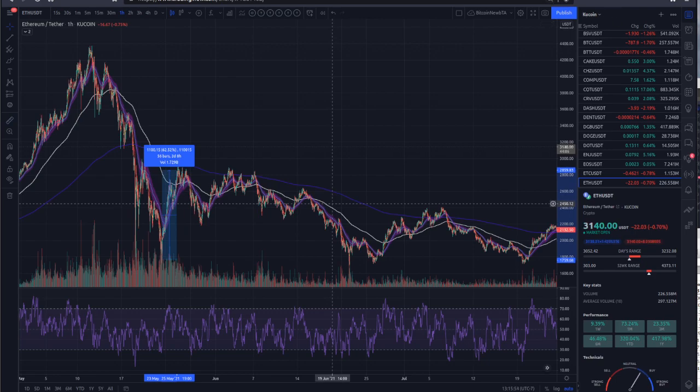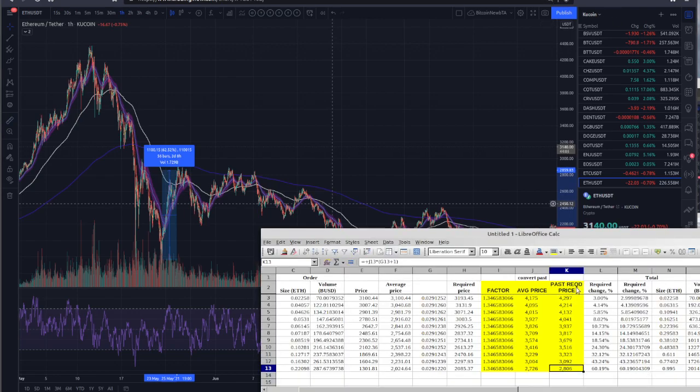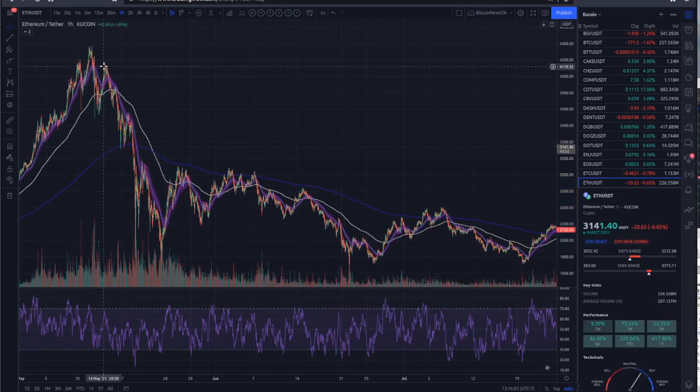So that's how I basically arrived at finding what it would take to get us out of this mess, our safety orders. So no matter how bad it is, it's going to get us out.